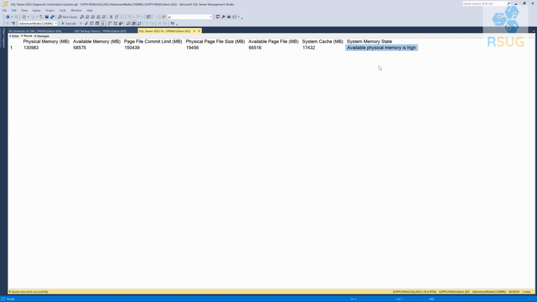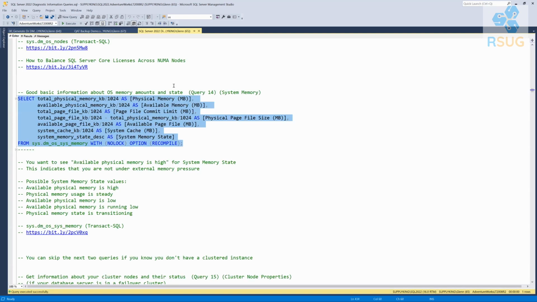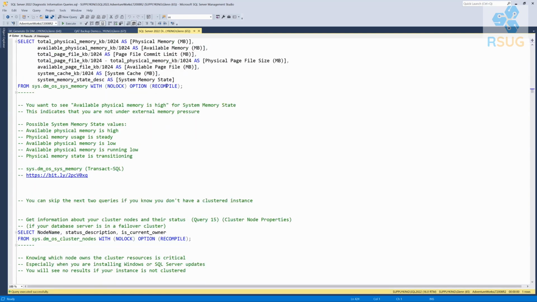If the operating system is under memory pressure, it'll say available physical memory is low. And that means it's signaling all the services and applications to release some memory. And you don't want to see that. And the way you fix that is to lower your max server memory setting in SQL Server or give more memory to the VM or physical machine that it's running on.